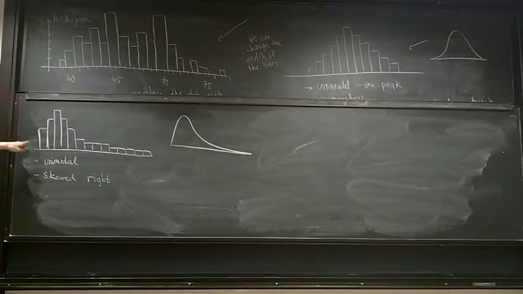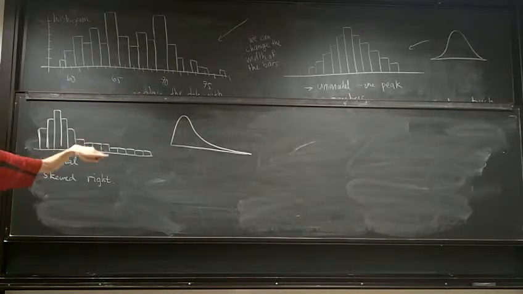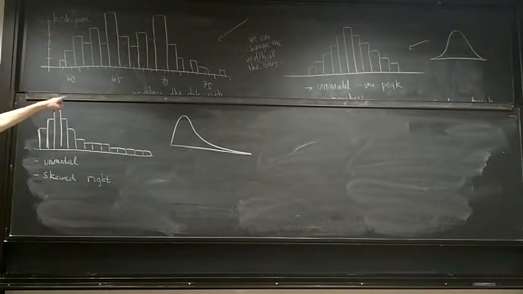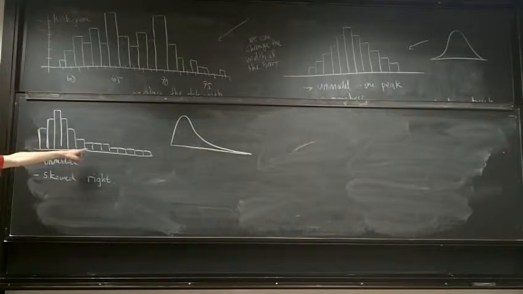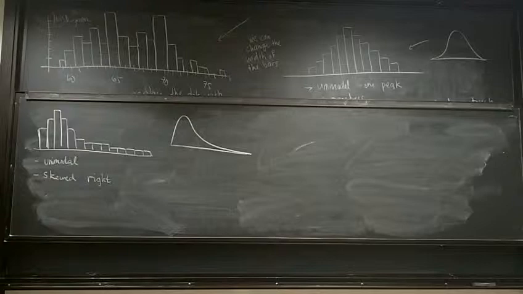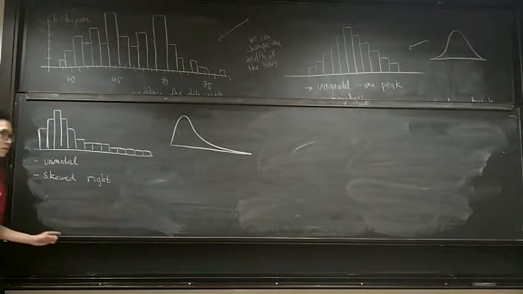Remember, this is still numeric data, so what does it mean to be skewed right? Yes, we have a question. If everybody is like 65 inches and one person is 60 inches, what is the peak?